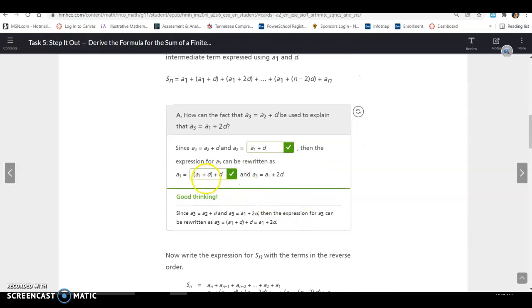And then if you look at that, that's going to be 2d. So you don't really need the parentheses here when you're adding. You only need parentheses when you're multiplying. If you were multiplying, it would be distributive property, but you're not multiplying, you're adding. So those parentheses can be dropped and you can add the d and the other d to get 2d here.